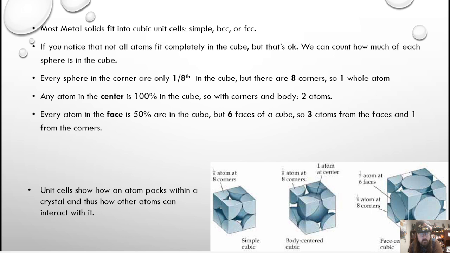Now, most metallic solids will fit into one of those three basic shapes: the simple cubic, the body-centered cubic, or the face-centered cubic.